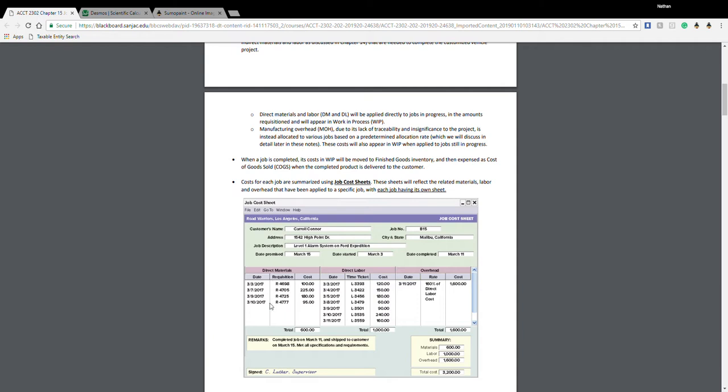So all these are different parts and materials that they requisitioned from raw materials, the direct labor tickets, and the overhead rate. Again, we're going to get into this later in the video. But as you can see, right now they had a total of 600 from the date started to the date complete, 1,000 there, and then 16,000 in applied overhead.